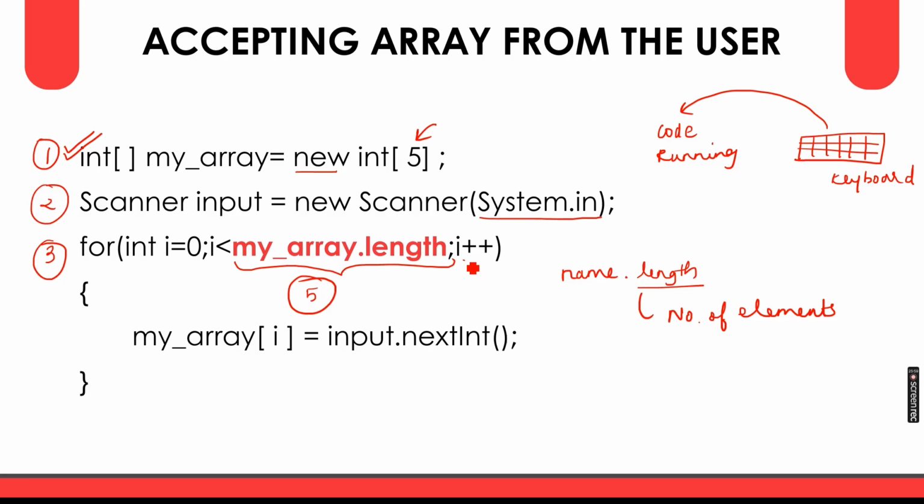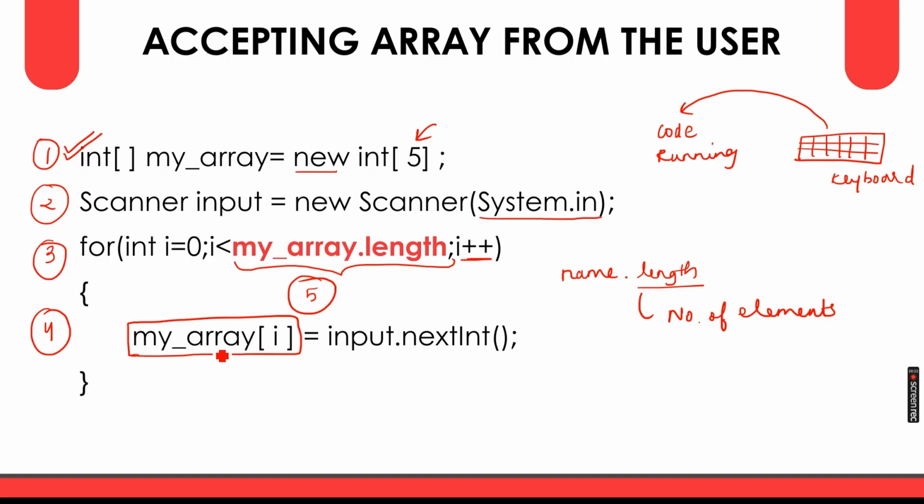Then again, this is the same, you are incrementing the iterator. Next step is inside the for loop, you will access the index, the element of that array. I is the iterator. This is the name of our array.